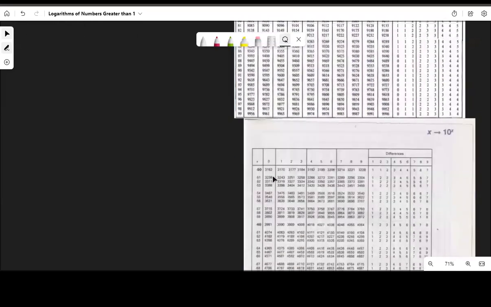Under 3, difference of 5. 51 under 3 is 3184. No, that's not this 51. 51, 3258, right? 3258.